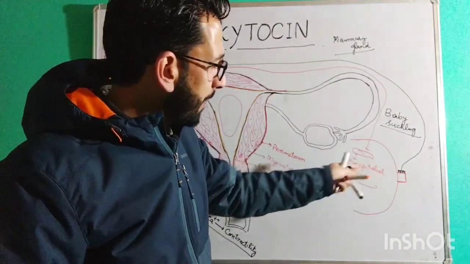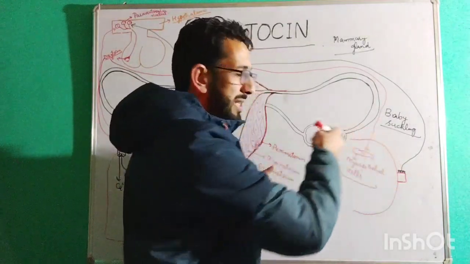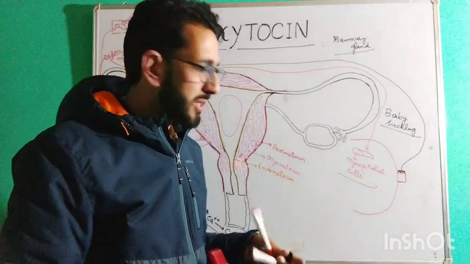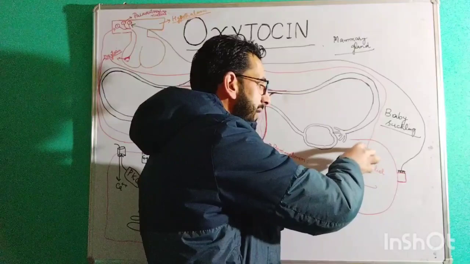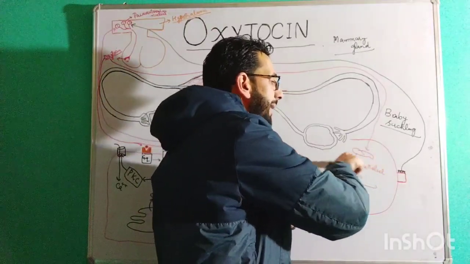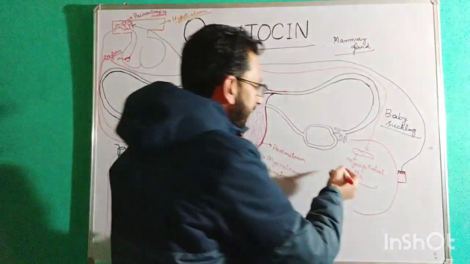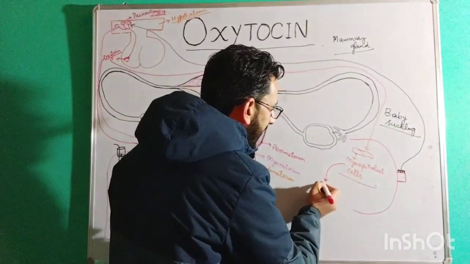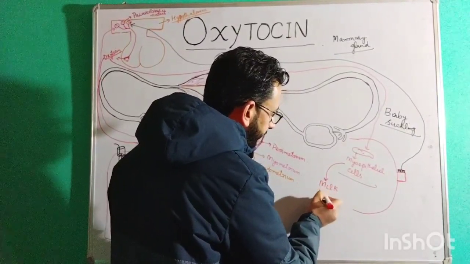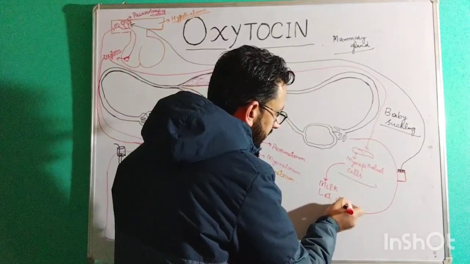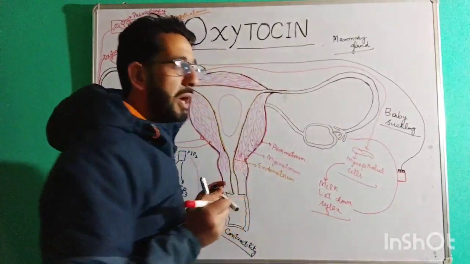These myoepithelial cells contract, and the milk which is already being produced inside with the help of prolactin, now these myoepithelial cells contract and they help in the ejection of milk. That process is called the milk let down process or reflex.